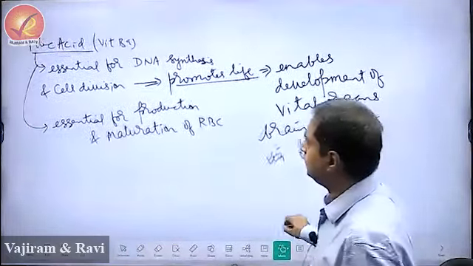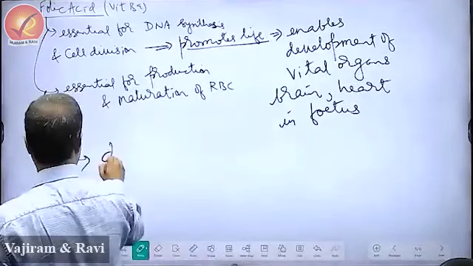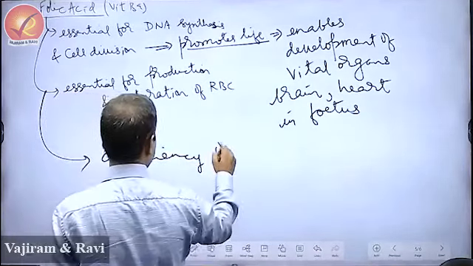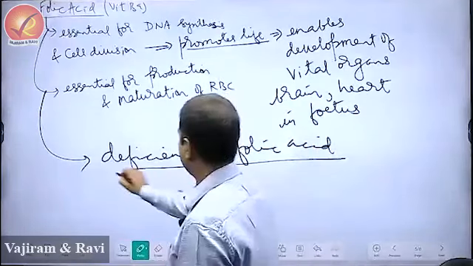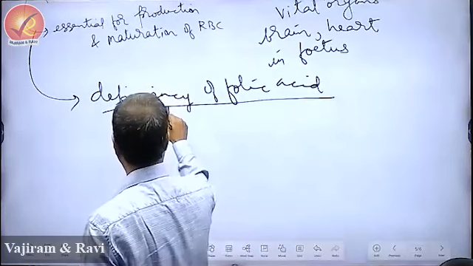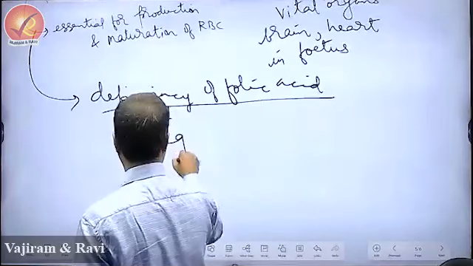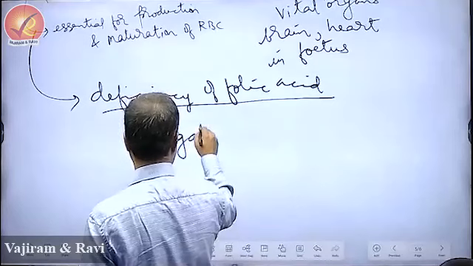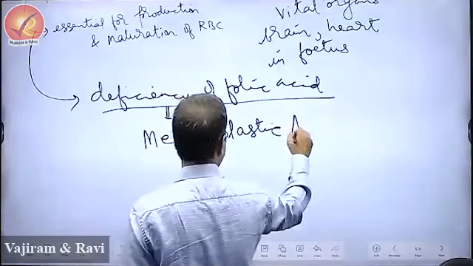So this is how deficiency of folic acid is known as megaloblastic anemia.